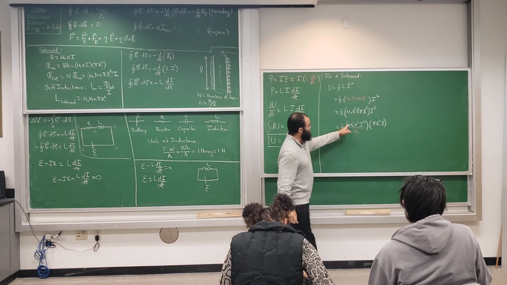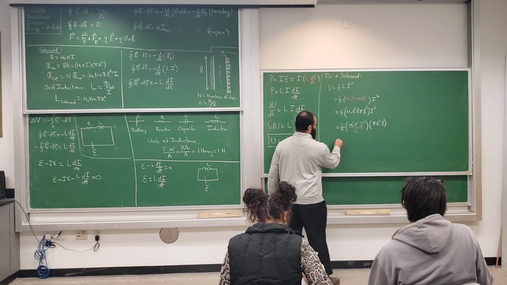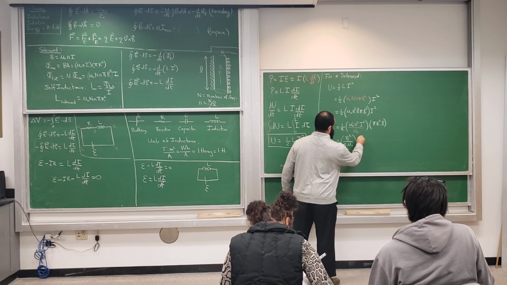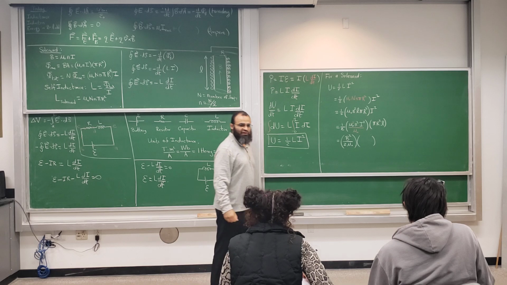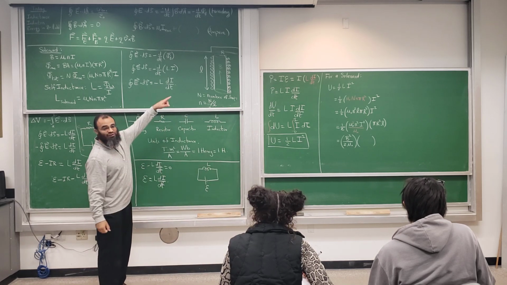So now, what is this? Mu naught squared n squared I squared? That's B squared, right? Good. So I have B squared over 2 mu naught. And now what is this? Pi r squared L. Geometrically, what does it represent? Volume. Yeah, that's the volume of the solenoid.